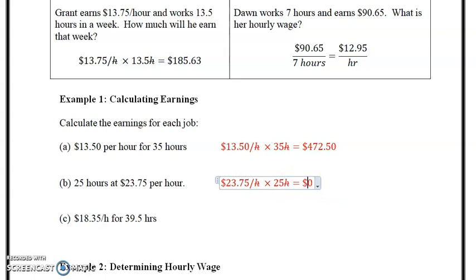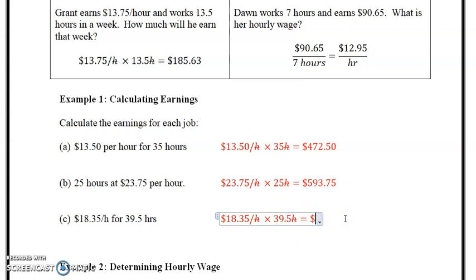So we just go to our calculator, 23.75 multiplied by 25, and we get $593.75. And the last one, $18.35 per hour for a total of 39.5 hours.